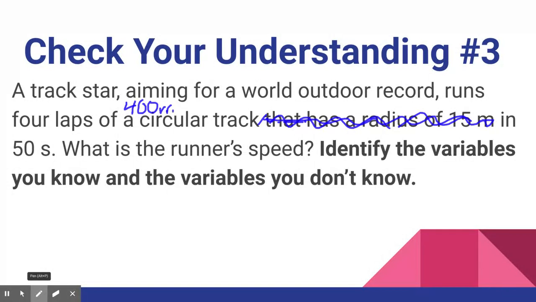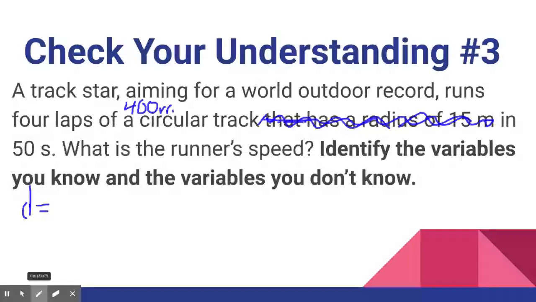Okay. So hopefully you've got the right answer. Let's identify the variables that we have and what we don't have. So we have distance. Not 400 meters. This person didn't run 400 meters. They ran 400 meters 4 times.